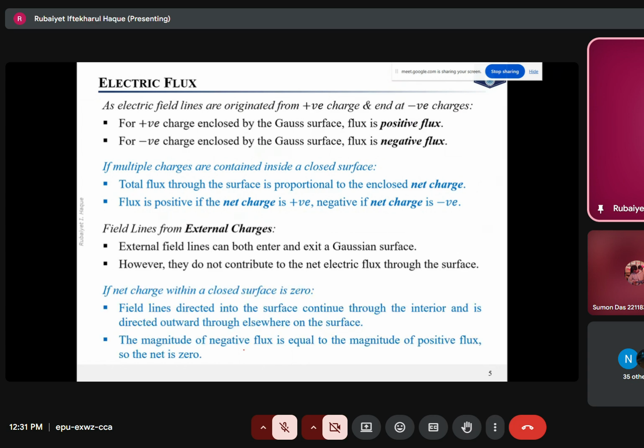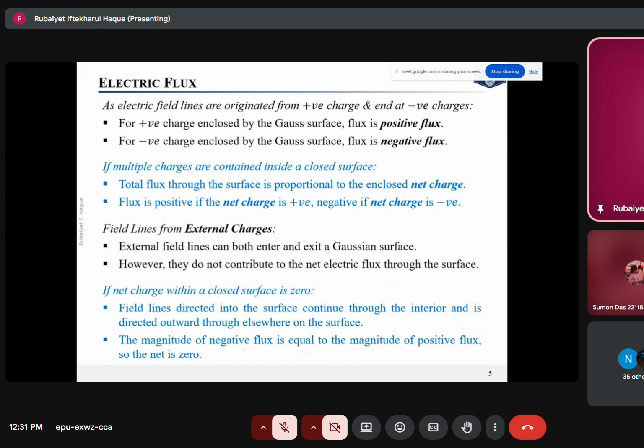If the net charge within the closed surface is zero, in this particular case what is happening? The field line directed into the surface will continue through the interior and is directed outwards.